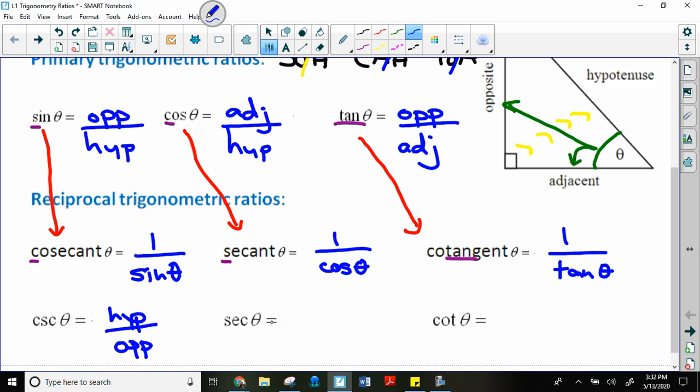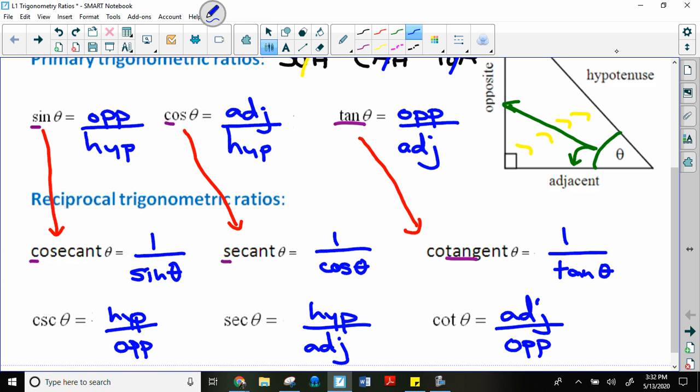And then secant is the reciprocal of cos, hypotenuse over adjacent. And then cotangent is the opposite of that, adjacent. Let's flip it over, opposite.